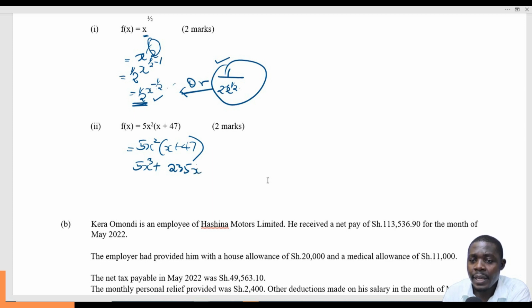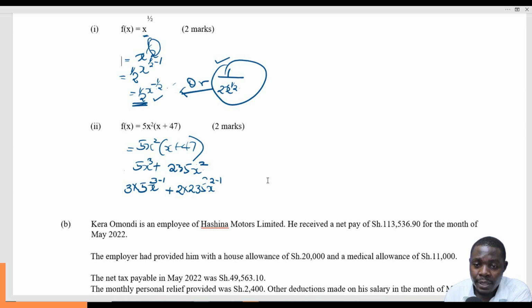235x squared. Now we can differentiate this particular equation. In this case, differentiating x cubed, we multiply by the power to reduce the power. It is going to be 3 multiplied by 5x raised to 3 minus 1, plus the same applies to this one. It is going to be 2 multiplied by 235x raised to 2 minus 1.